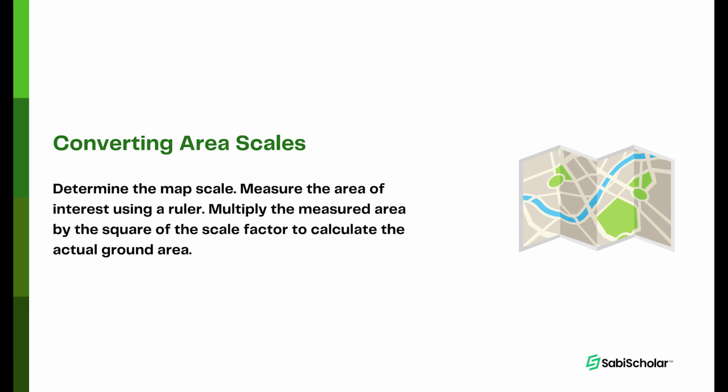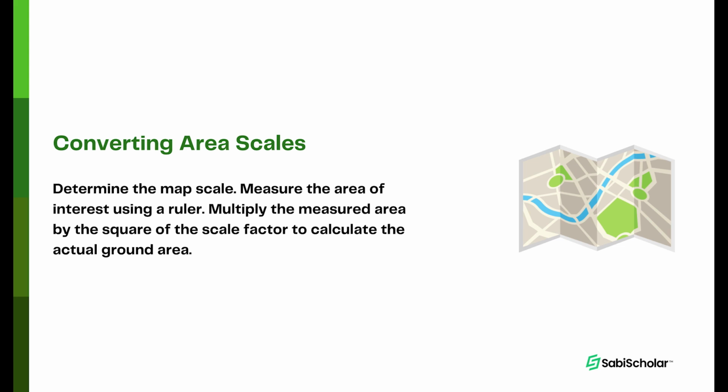Then you calculate the ground area. To calculate the ground area when converting the area scale, you need to multiply the measured area on the map by the square of the scale factor. For example, let's say you measured on a map and the measurement is 16 square inches.